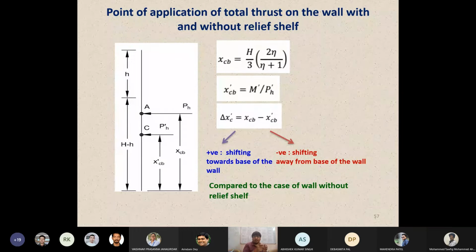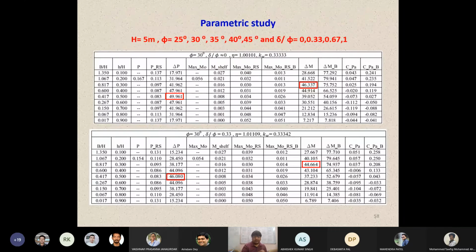So what we noted is that while you are designing this, you will always be looking for the maximum bending moment. What maximum bending moment you can get, what will be the total thrust and where it is working over there. From the bottom you will get the moment of this particular force. So once this quantity has been reduced, the maximum bending moment will also be reduced. Corresponding to this maximum bending moment, you introduce the amount of reinforcement.